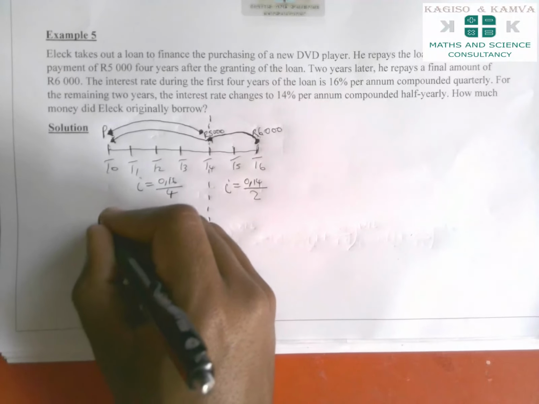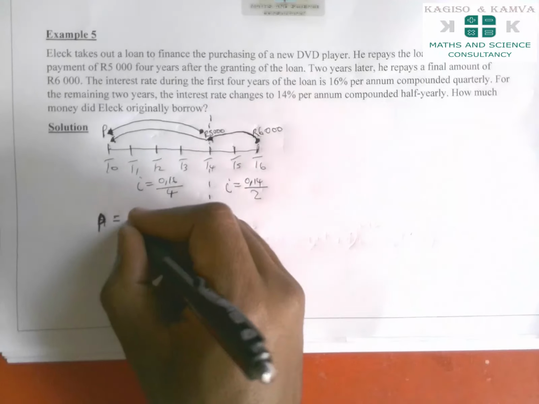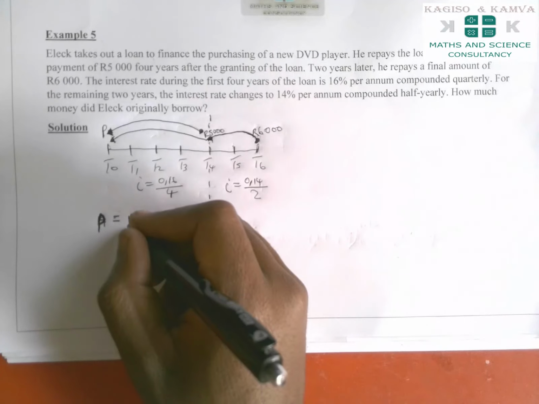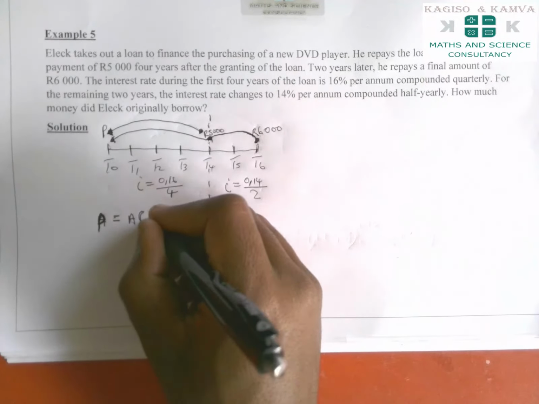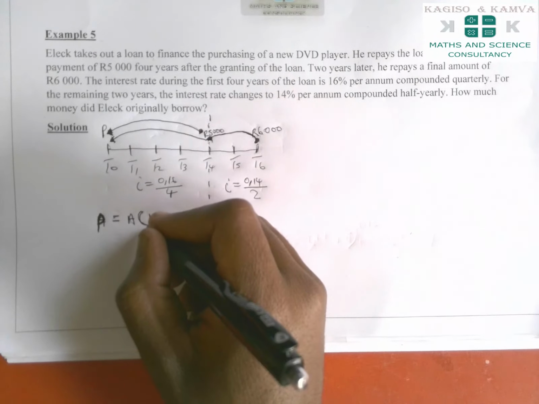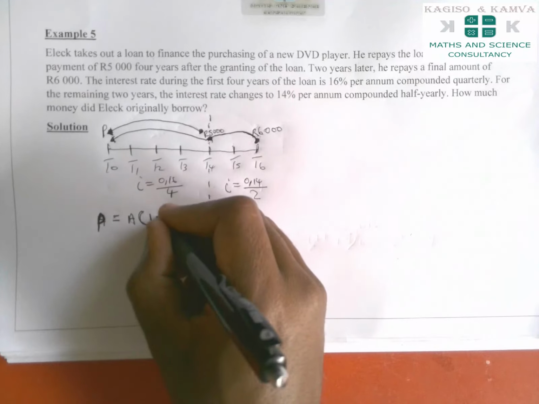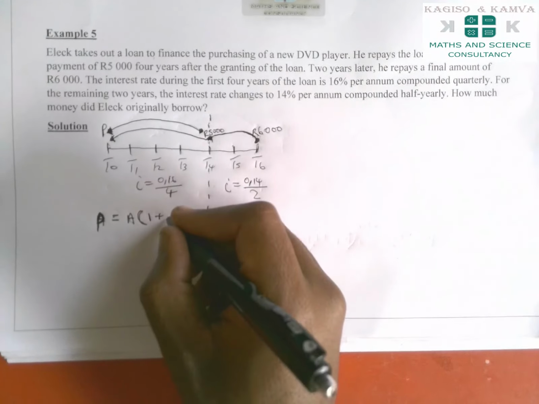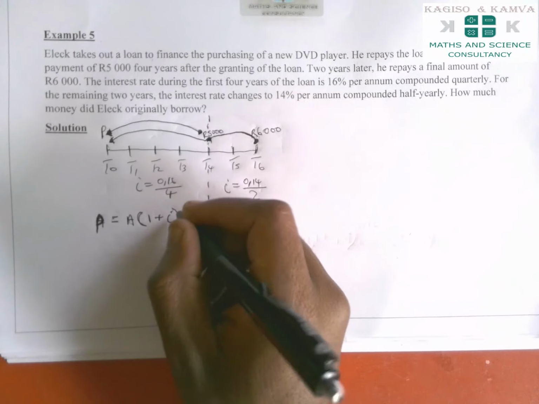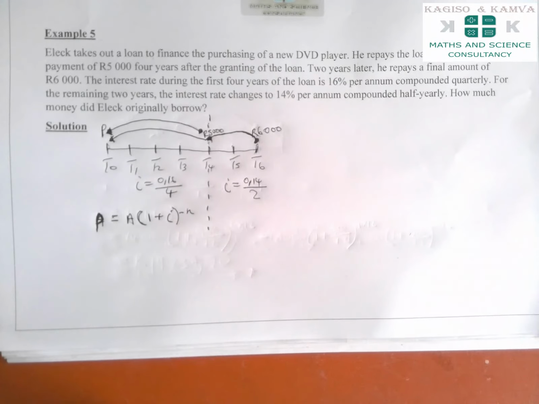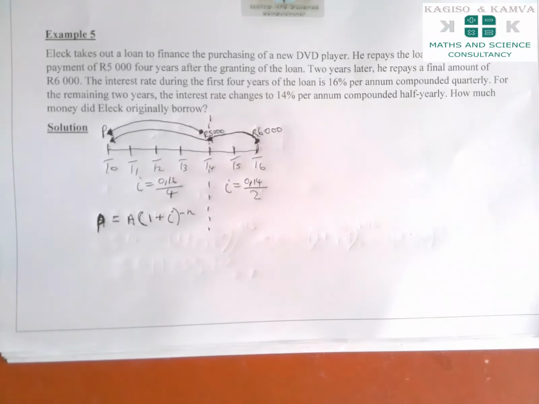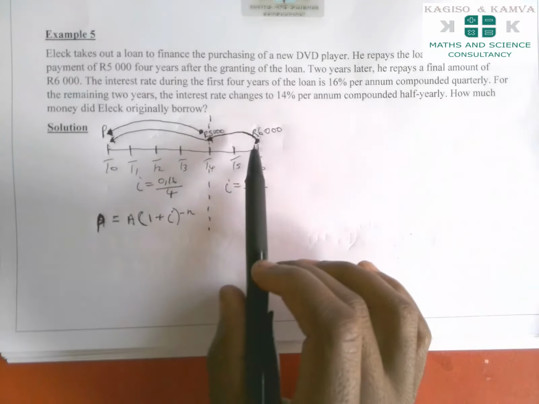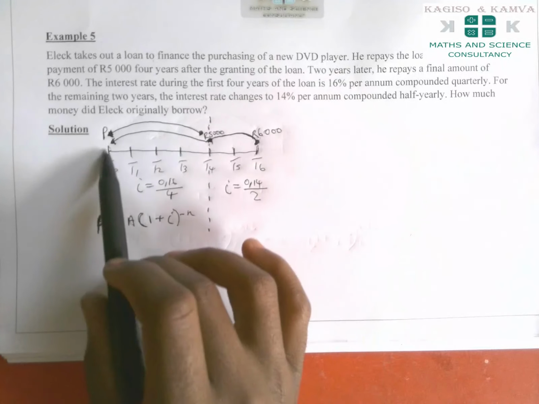P is going to be equal to A into 1 plus i, to the exponent negative n. We're going to start with this one.